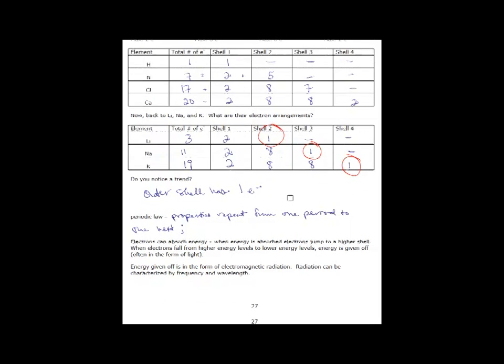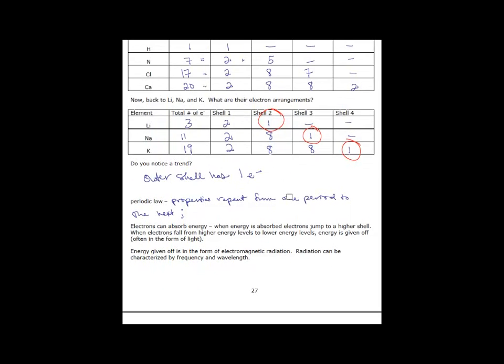Elements in the same group have the same number of outer electrons. So that's the periodic law.